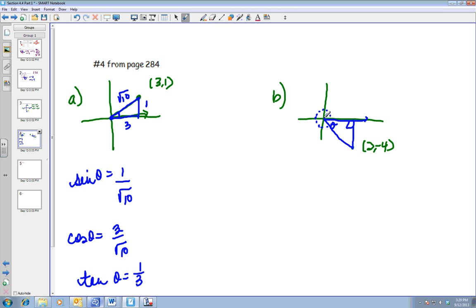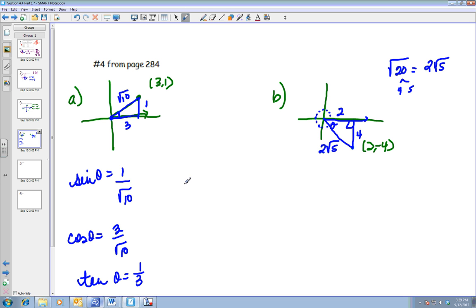If I went to the right 2, down 4, when I use the Pythagorean Theorem, that's 4 plus 16, which should be square root of 20. Now, square root of 20 will actually simplify. This is 4 times 5. 4 is a perfect square, so that simplifies to 2 square root of 5.